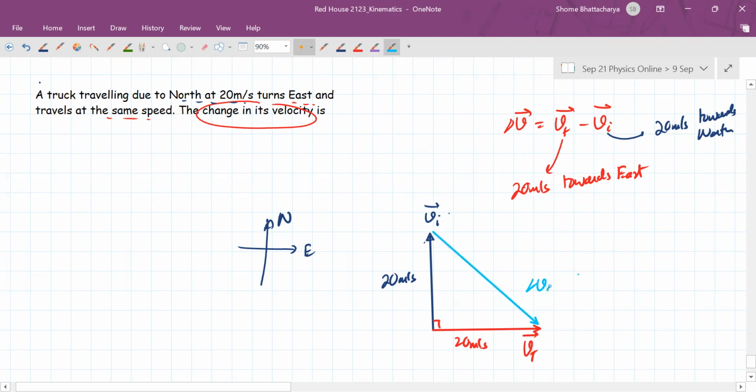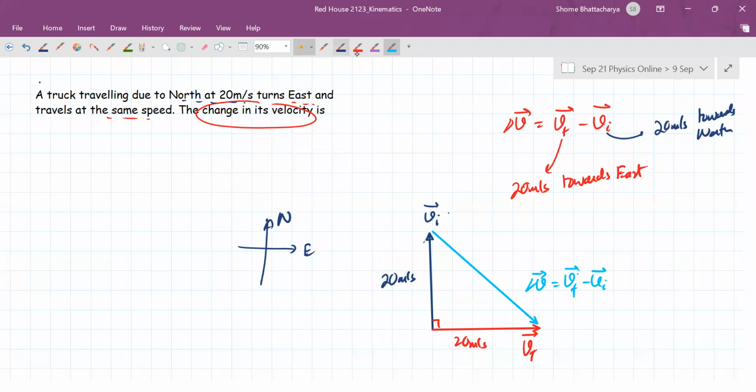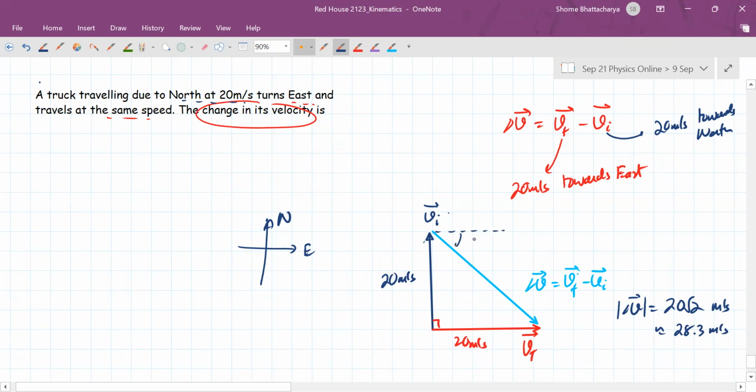So this is our delta V. Okay. So you see that this has a magnitude of 20 root 2 meters per second, or approximately 28.3 meters per second. Okay. And the direction is like this. So it is in the southeast.